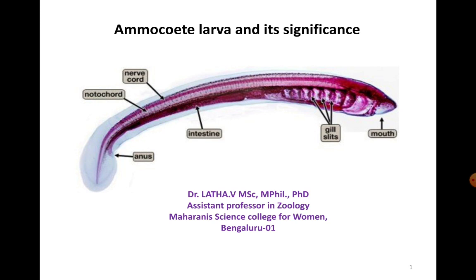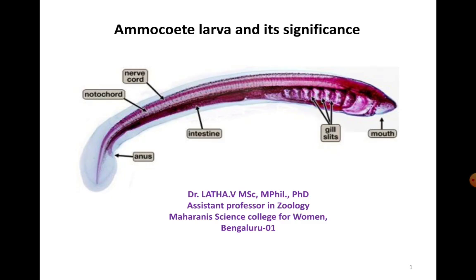Cleavage is holoblastic, unequal. Then gastrulation takes place by the process of invagination. Then blastopore formation takes place, which in turn gets converted into the anus, and then development of the nervous system takes place.